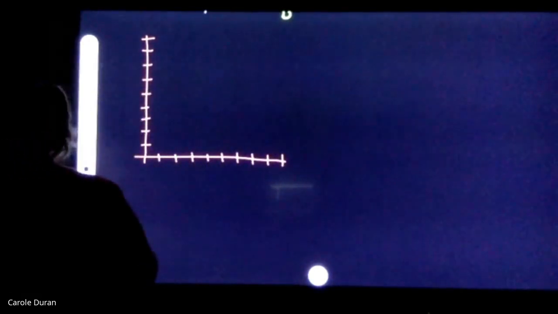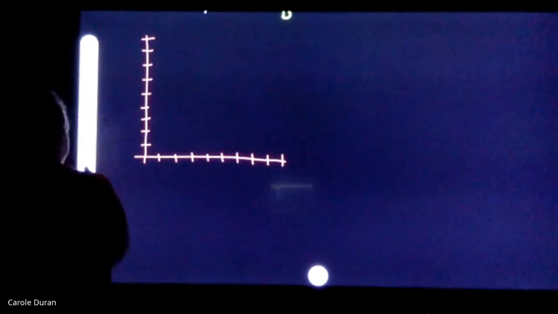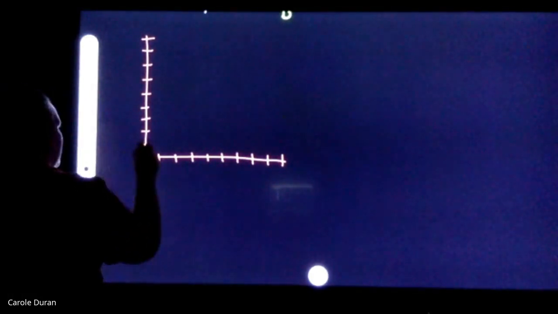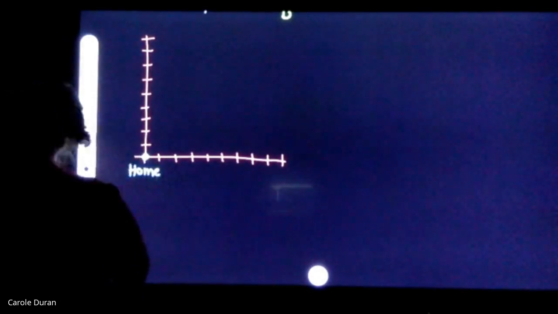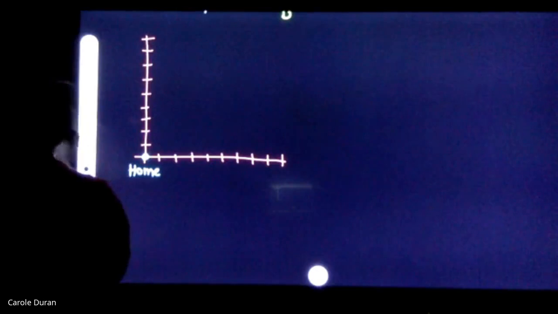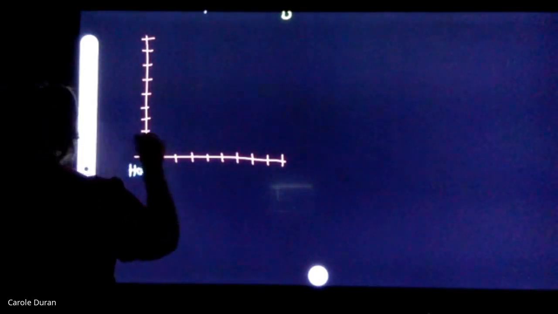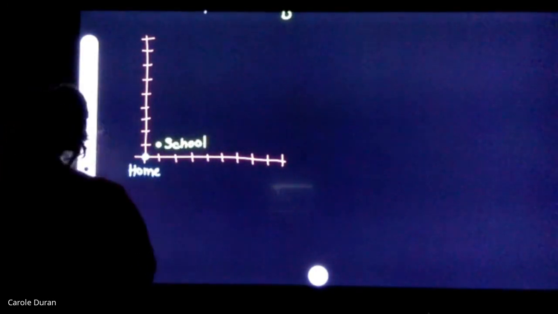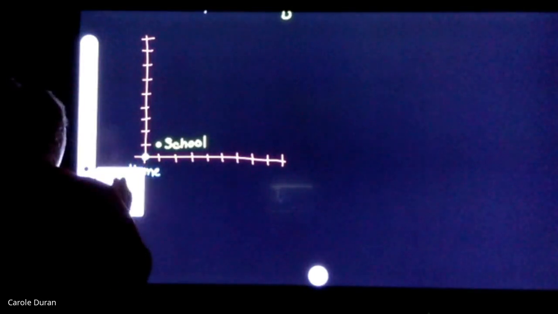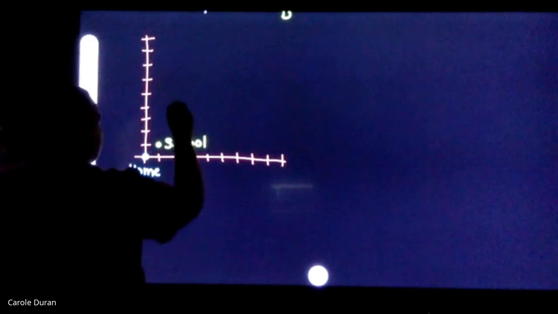So do 9 on each axis. We're going to say the 0, 0 right here is this person's home. Then at 1, 1 is going to be the school. Then at 2, 3 is going to be the church.